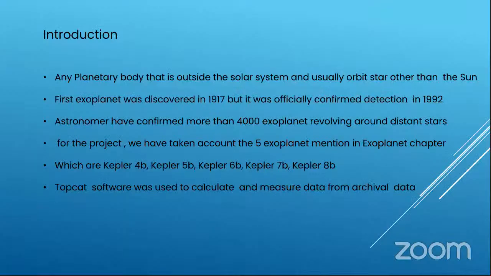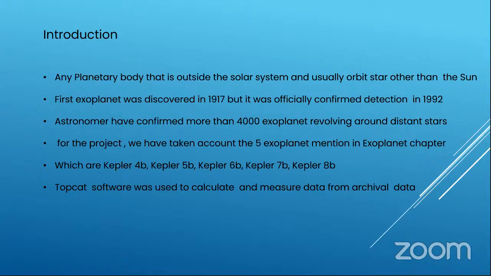Introduction. Exoplanets are any planetary bodies outside the solar system that usually orbit stars other than the sun. The first exoplanet was discovered in 1917, but its detection was officially confirmed in 1992. As of now, astronomers have confirmed more than 4,000 exoplanets revolving around distant stars.